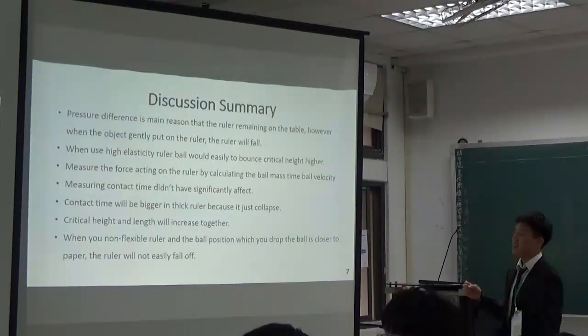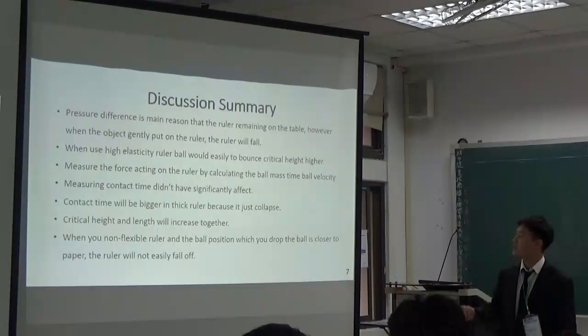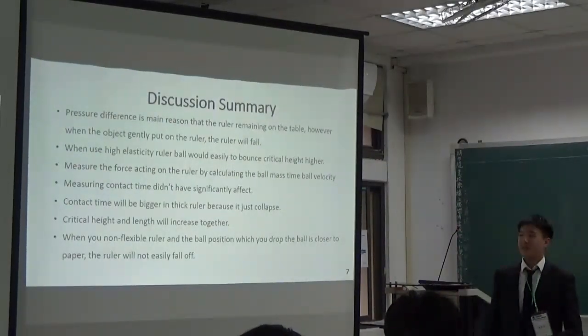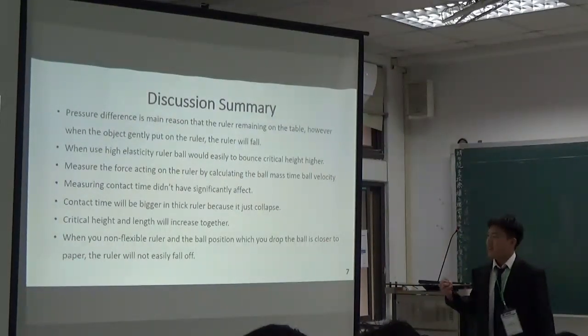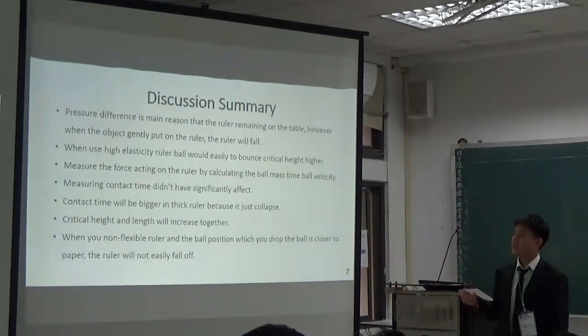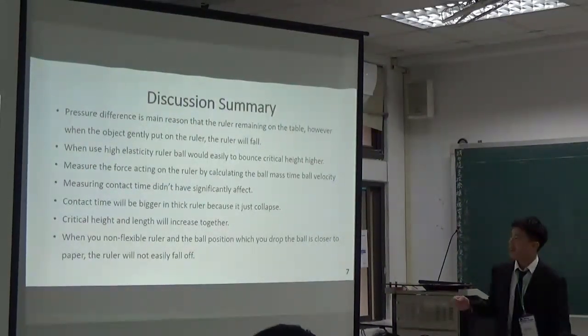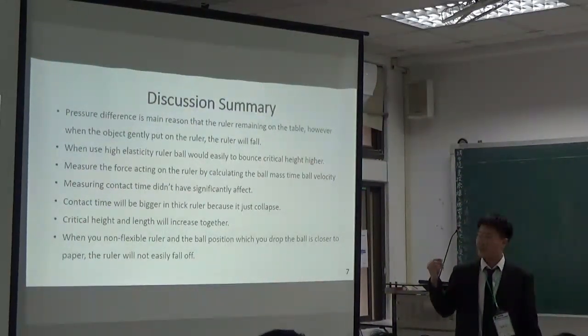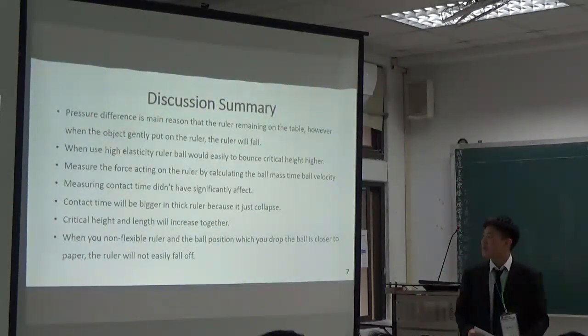And also, if you use a high elasticity ruler, the ball will easily bounce too, and therefore the critical height will be higher. And thirdly, the force acting on a ruler is calculated from the ball mass. The contact time of the ball didn't have a significant effect.